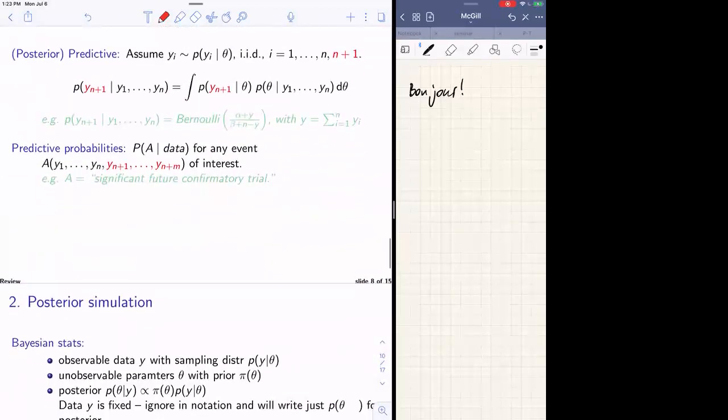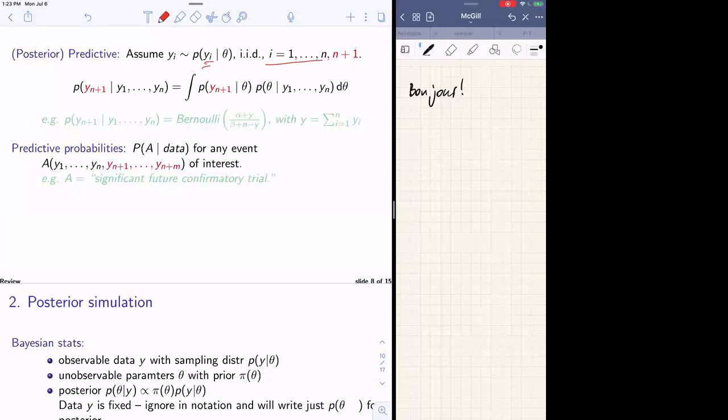One more piece of terminology we should mention, the posterior predictive distribution. That becomes meaningful in the context of IID data. So when we have IID data, assume that our data points y_i, i equals 1 to n, are IID samples from some assumed sampling model p of y_i given theta.